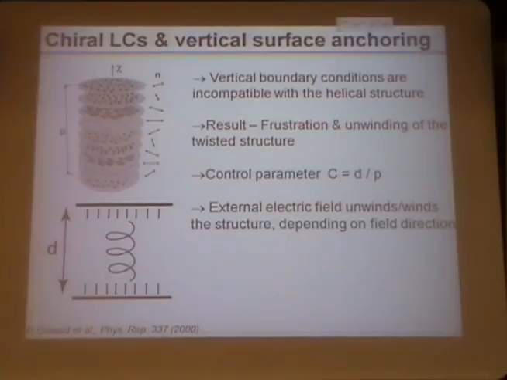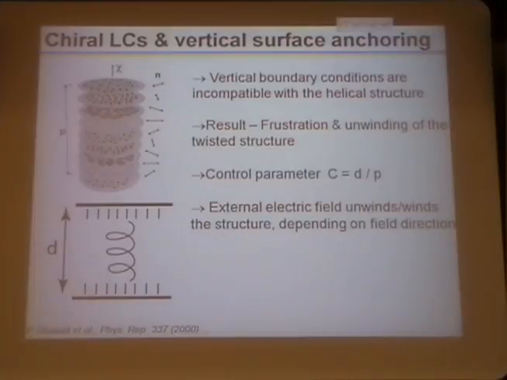And then the system is in a frustrated state, right? Because the director structure would like to twist. Its ground state is twisted because of the lack of mirror symmetry of the molecules that we have in this liquid crystal.